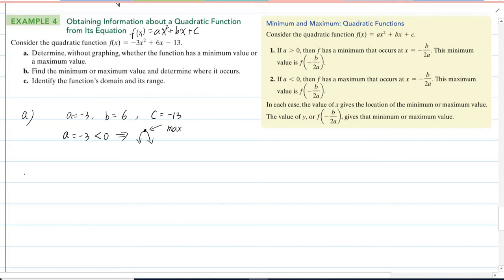Let's move on to part B: find the minimum or maximum value. In our case we're dealing with a maximum value, so we want to find where it occurs.